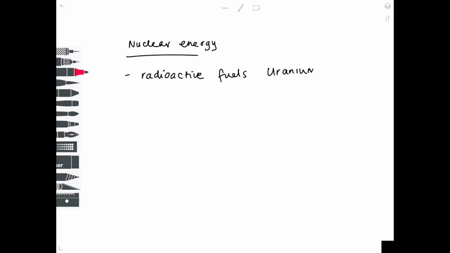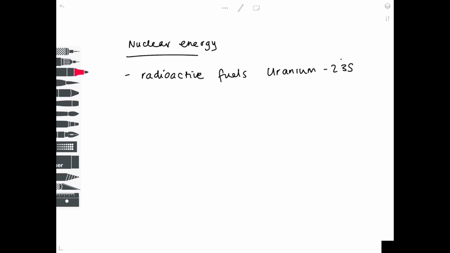As an alternative to fossil fuels and hydrogen, we can use nuclear energy. And that obviously involves the use of radioactive fuels such as uranium-235. Now, we need to know a lot about this in physics. It's all to do with nuclear fission.